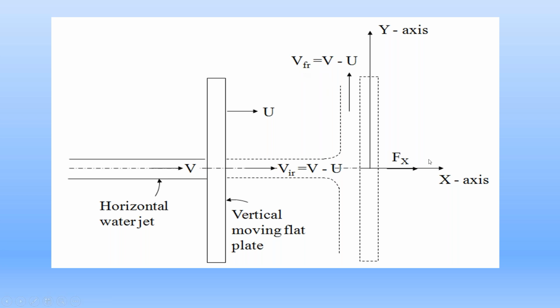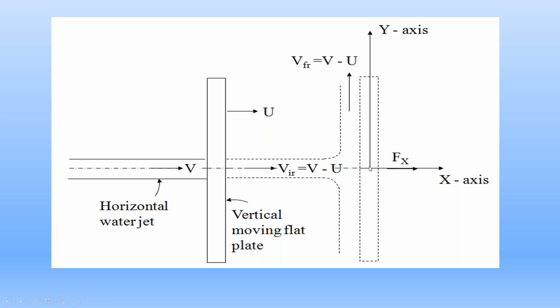So in the derivation of equation Fx, we are going to consider the initial relative velocity of the water jet in the direction of force Fx. Here VIR is the initial relative velocity of the water jet in this moving plate. That VIR is in the direction of force Fx. Coming to the final relative velocity: the final relative velocity of the water jet after impact is along the y-axis, whereas the force is along the x-axis.